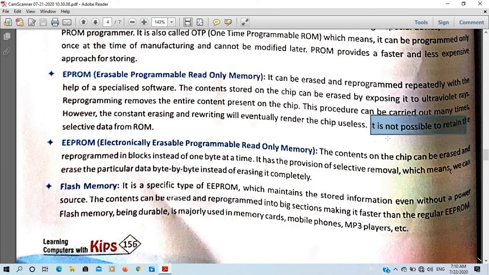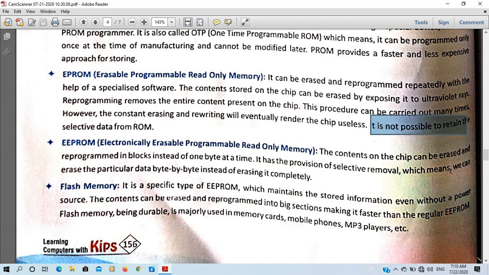That was not possible in EPROM. Okay, so EPROM was erased with the help of ultraviolet rays, but EEPROM is erased with the help of electronic signals, or electronically.